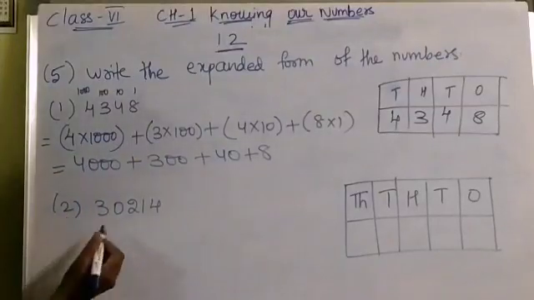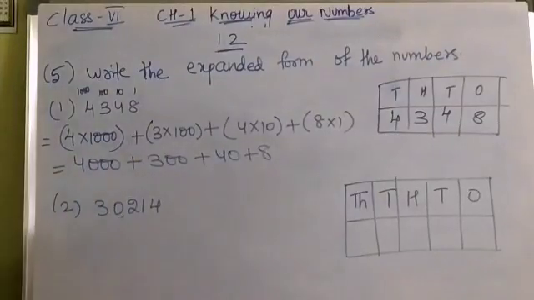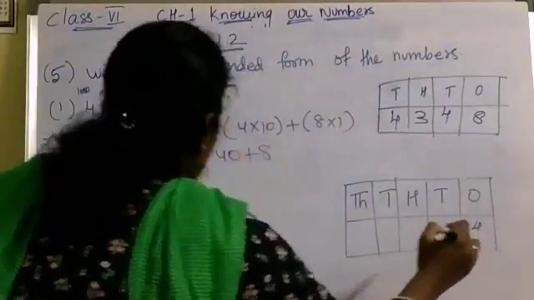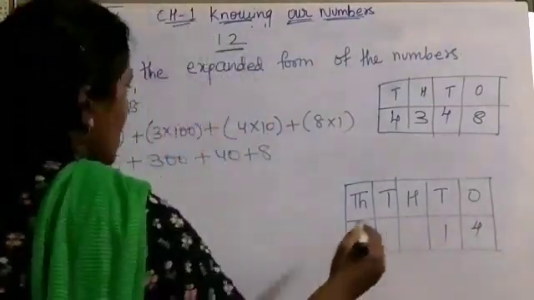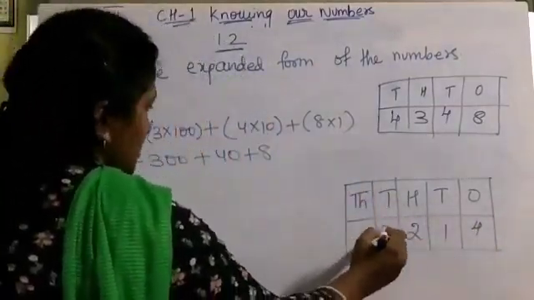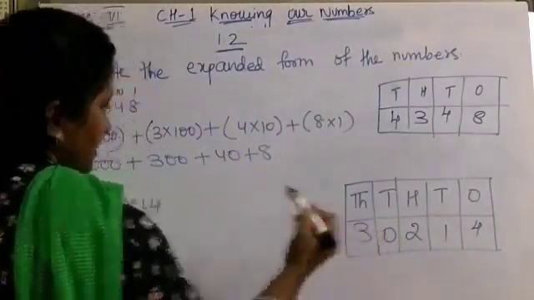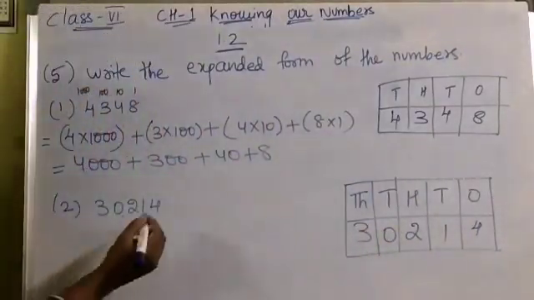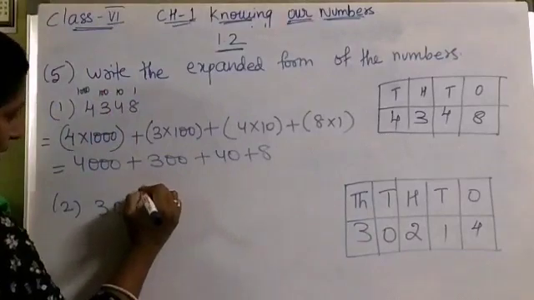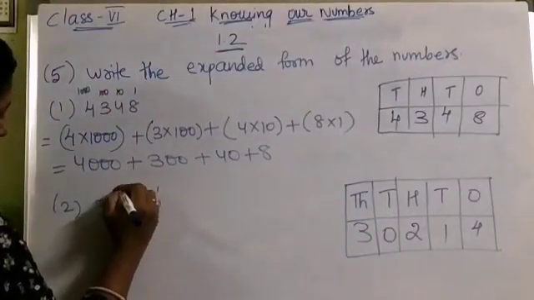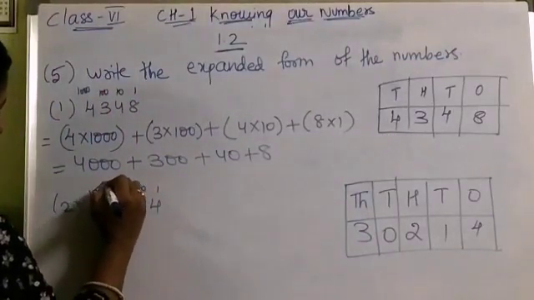4348. Coming to second one, 30,214. Here 4 is in ones place, 1 is in tens place, 2 is in hundreds place, 0 is in thousands place, and 3 is in 10,000 place. Here you can write ones, tens, hundreds, thousands, 10,000.